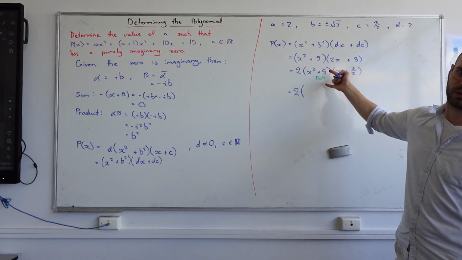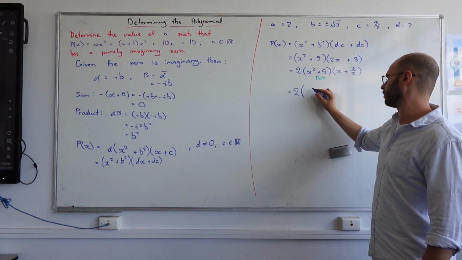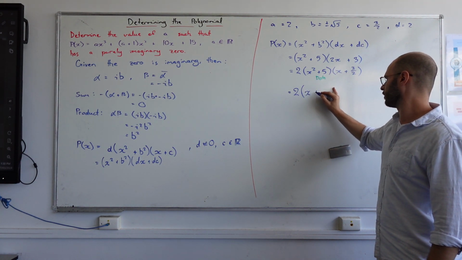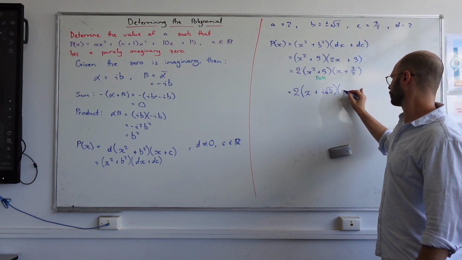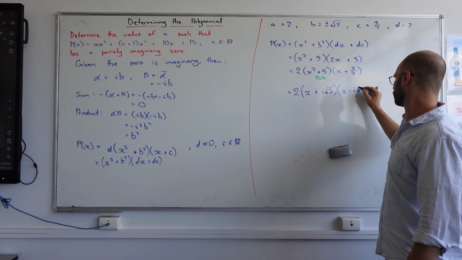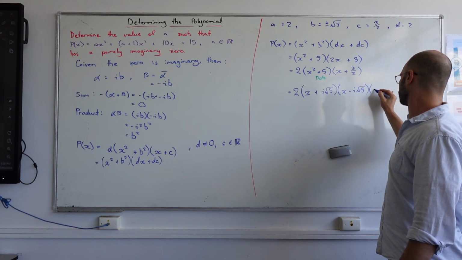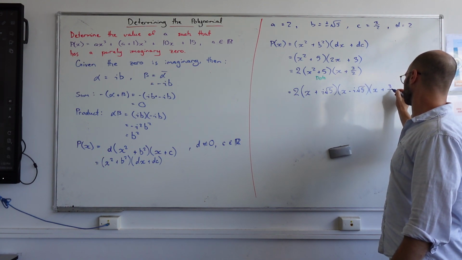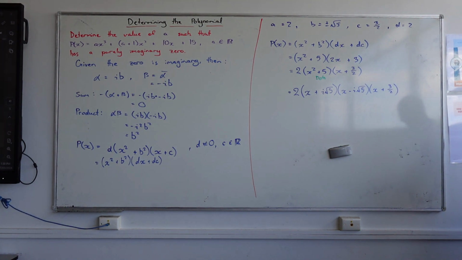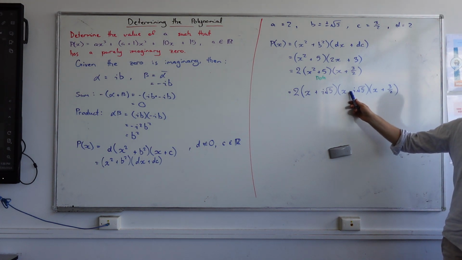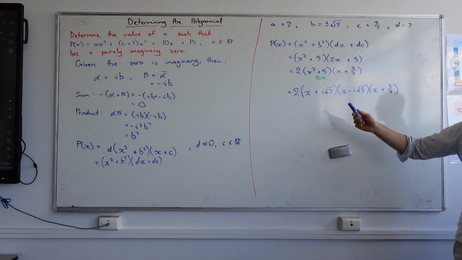Rather than being a real component, it's going to have an imaginary component. Yeah? So you just throw in the i, because if you expand it out, the i will swing this from being a negative to a positive.